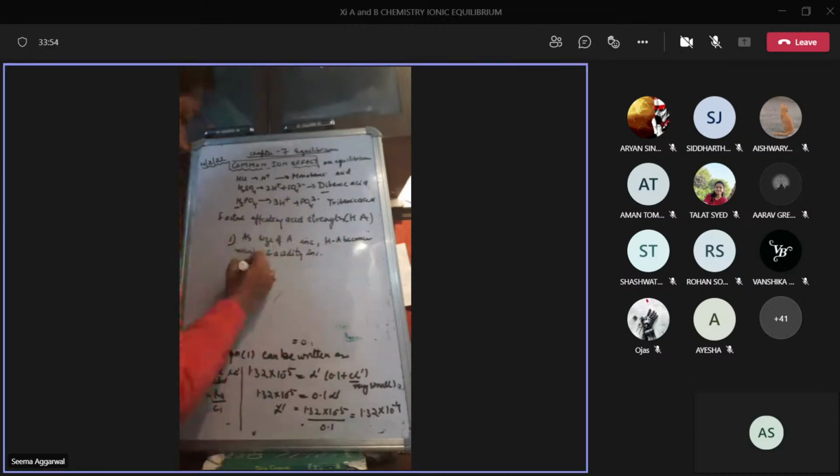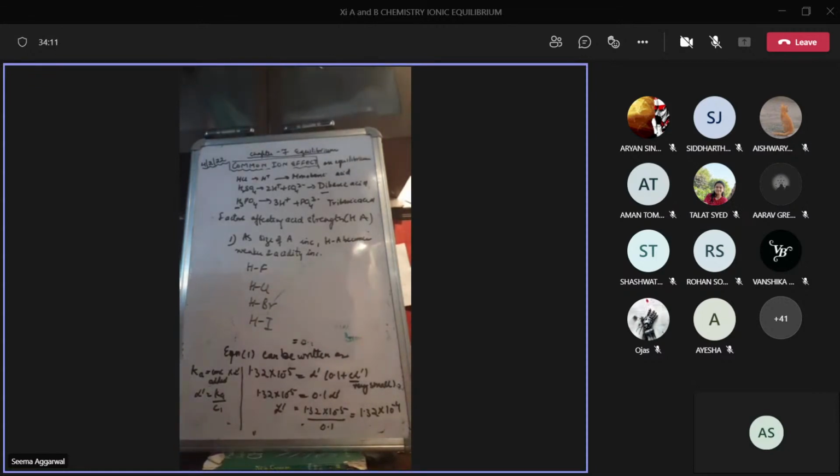Now what does it mean? If I am taking HF, HCl, HBr and HI, which atom is larger in size, and which is more acidic? Iodine.